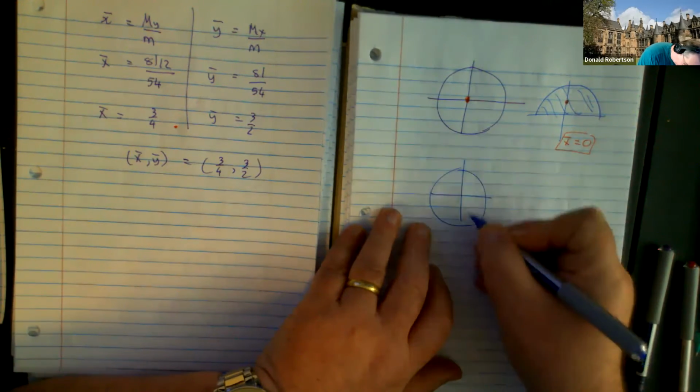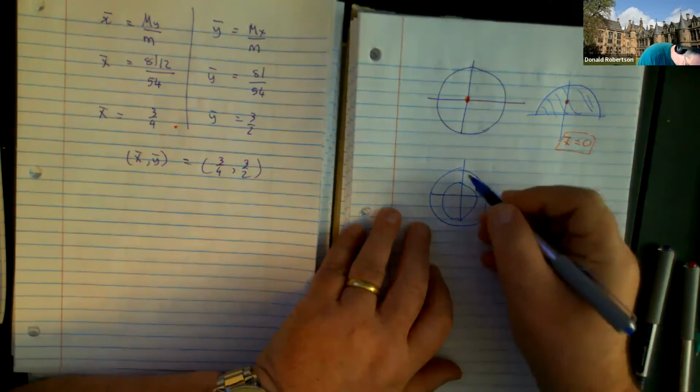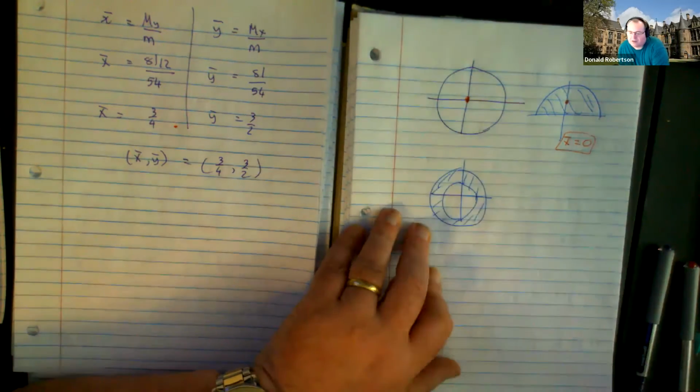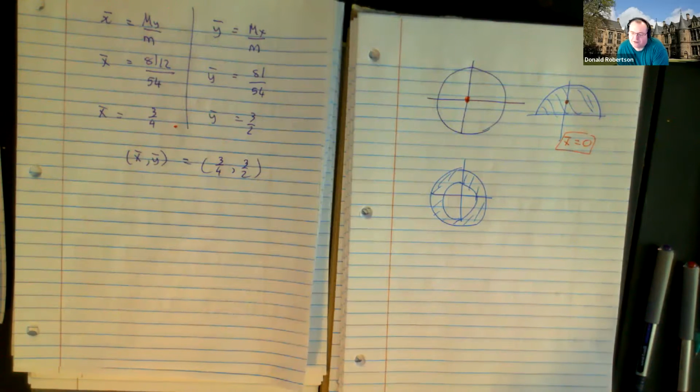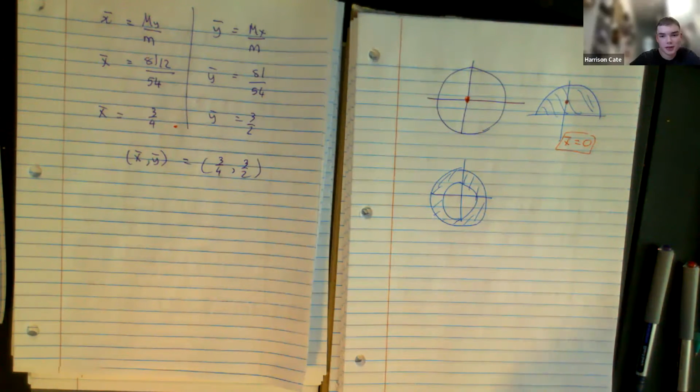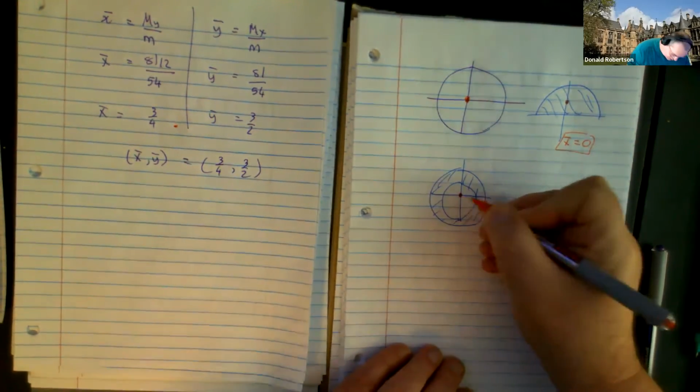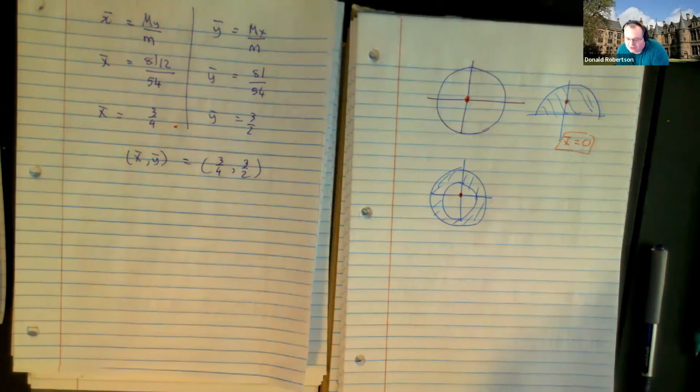Suppose my shape looked like a donut. Where would the center of mass be in this object? It would still be in the exact center. Isn't that an example of a shape whose center of mass is not inside the region?